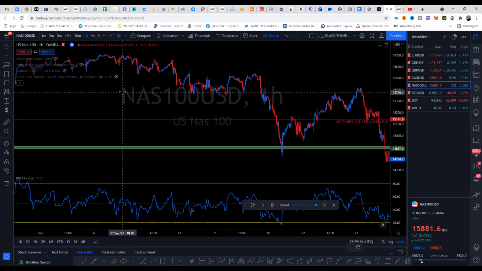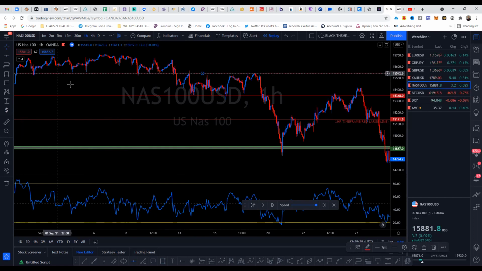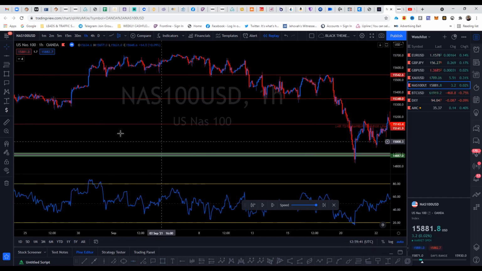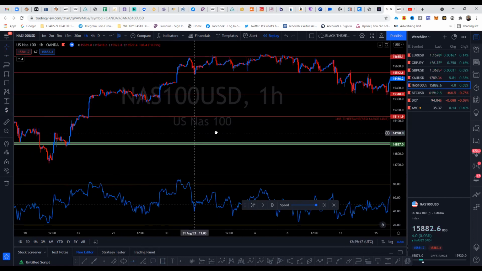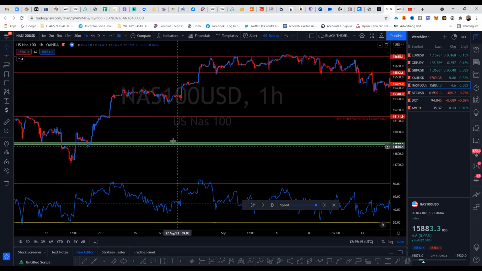Then we have another one right in this area. Then another one up in this area. Up in that area.